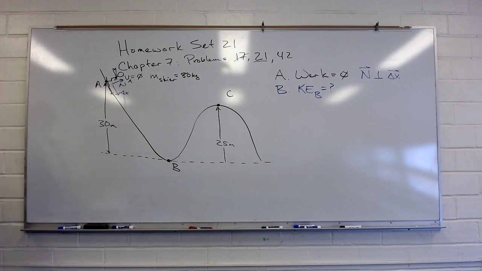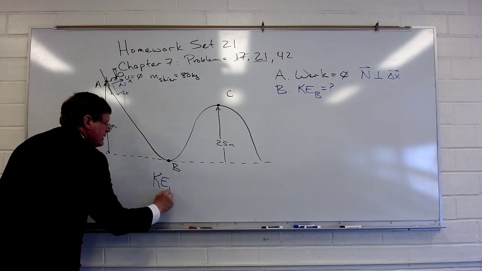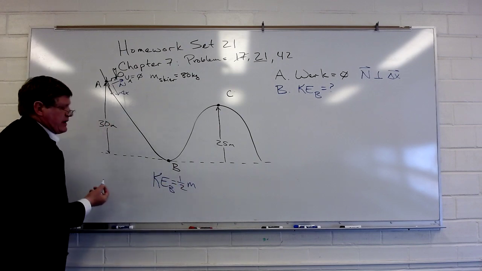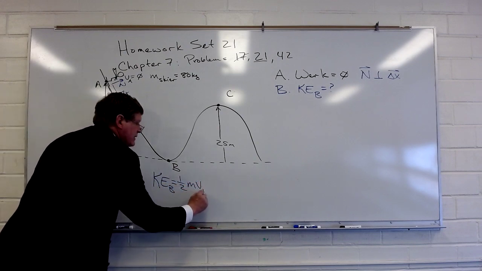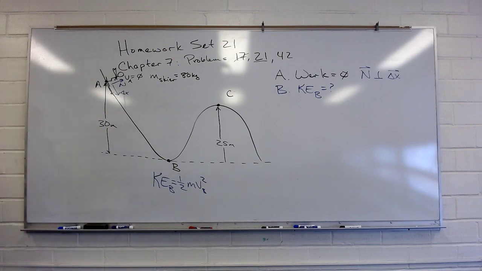Well, one way to go about that is to use the formula for kinetic energy. That's just going to be 1/2 times the mass, which I know is 80 kilograms, times the velocity at B squared. But I don't know how fast she's going at B, so I can't use that formula.